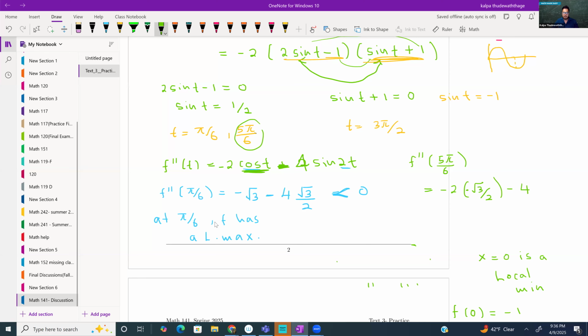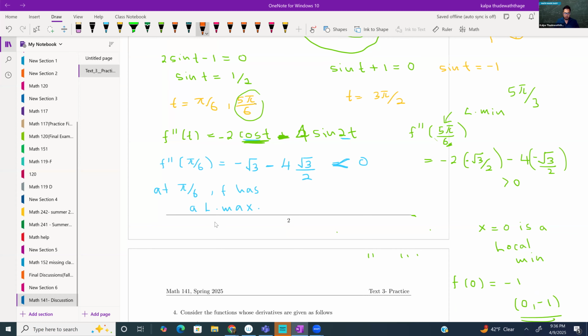Here, 4 sine, so you multiply this by 2, it's 5 pi over 3, because you multiply this by 2. So 6 becomes 3. So it's really 300 degrees. Sine 300 is the same as sine 60, which is root 3 over 2, but in the fourth quadrant, it's negative. So overall, it's a positive number. So that point is a local minimum, because the second derivative at 5 pi over 6 is positive, right?